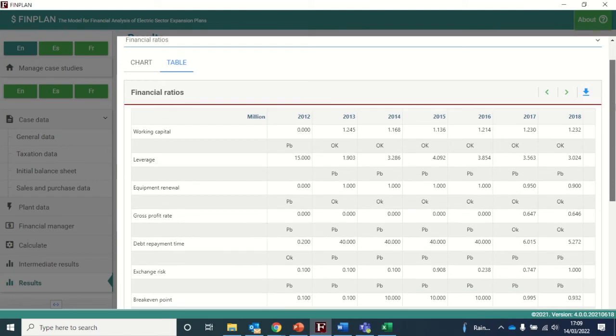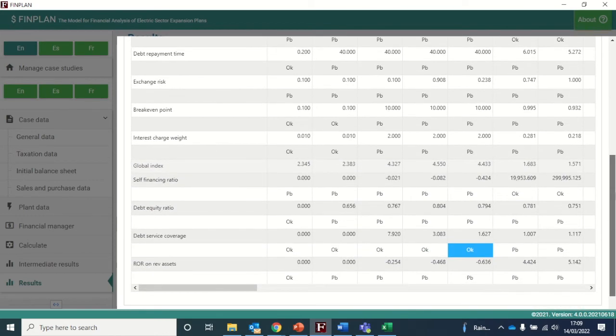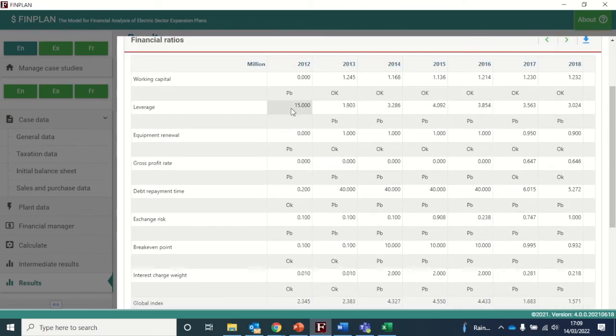So I won't go into too much detail about leverage and the other financial ratios, as you can find more information in the hands-on. But in short, if we assume a debt equity ratio for this project of 75 to 25, then we can see from the table that it is not complied between the years 2014 and 18.